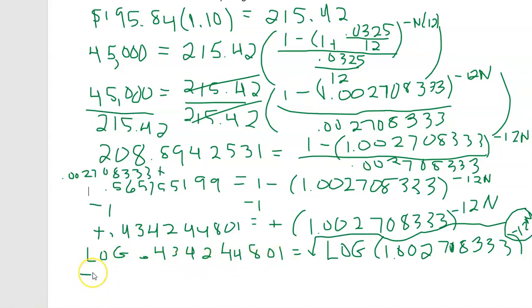And that is negative 0.362265372. Now over here, I'm going to use this logarithmic property to move negative 12 into the front of the log. So it just comes out here.